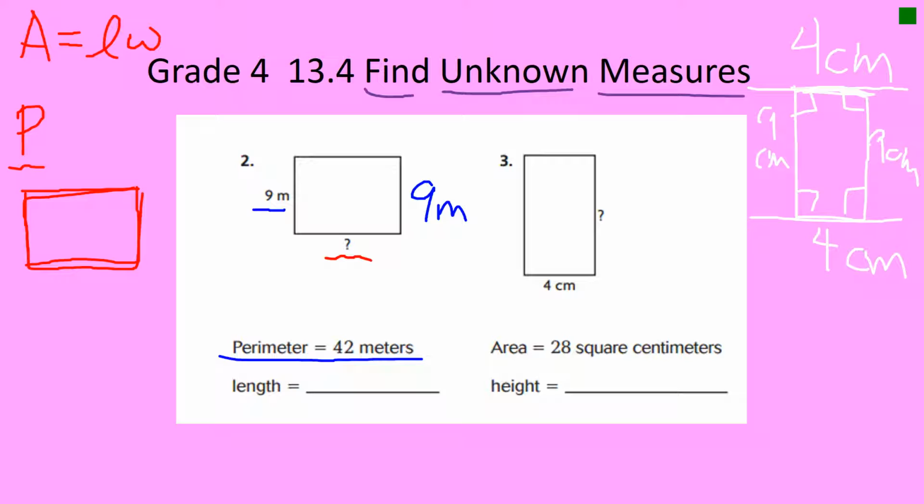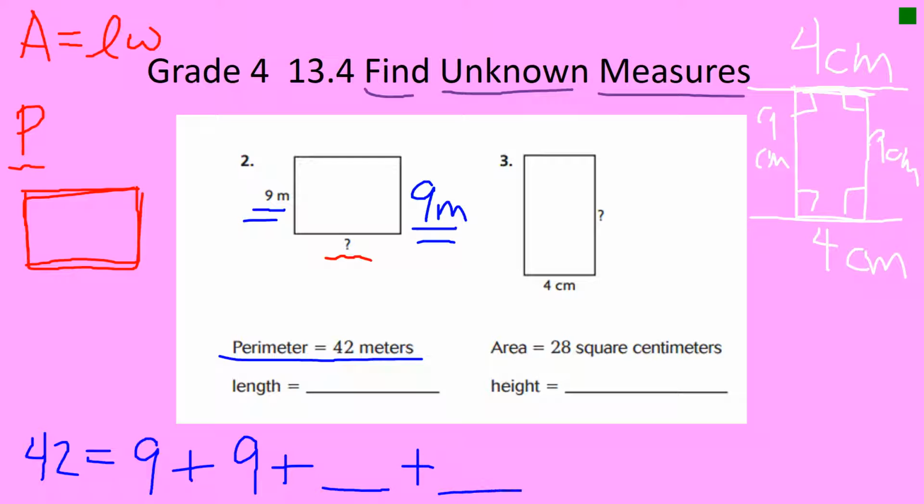Okay, so 42 equals 9, right there, plus 9 right there, plus that and that, the other two sides of that figure. So those 4 numbers make 42.